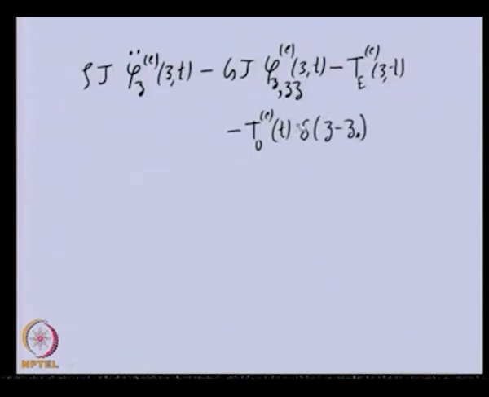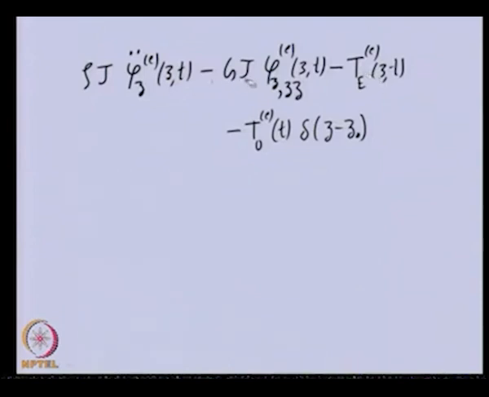Here, if the torque is within the element, then only it will contribute, otherwise it will not. So, if z naught is within the element, then only it will appear. Similarly, the external distributed torque, if it is within the element, will contribute in the equation of motion.